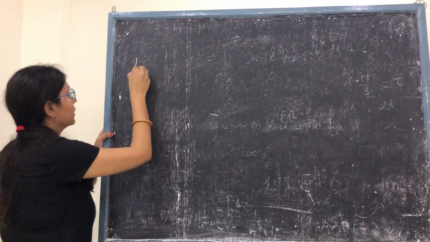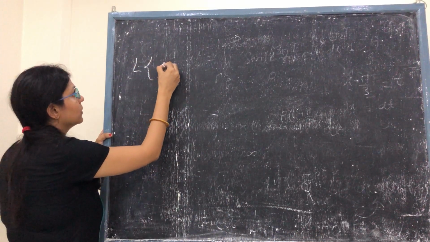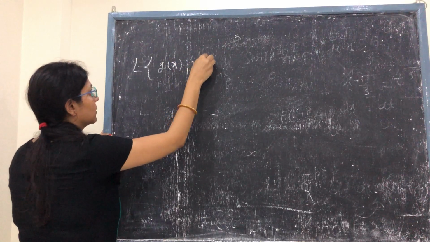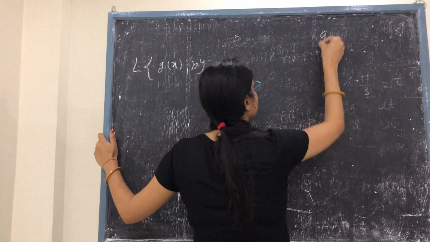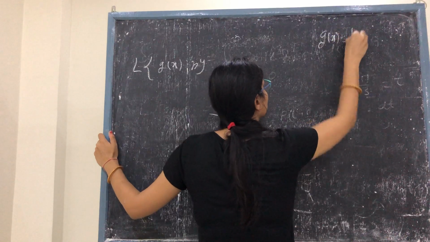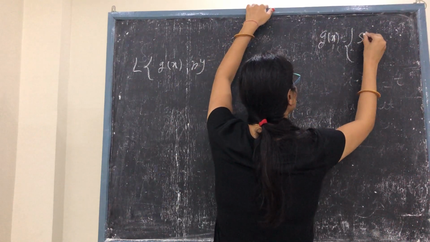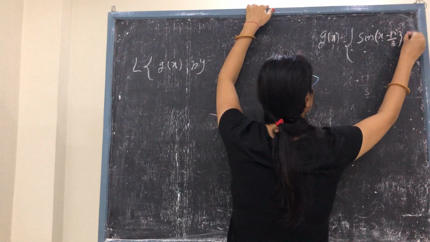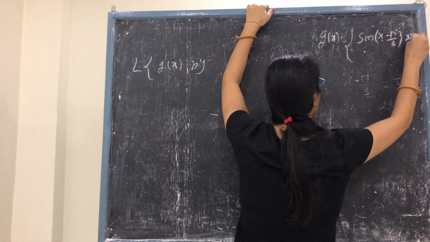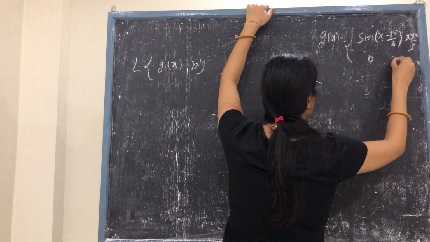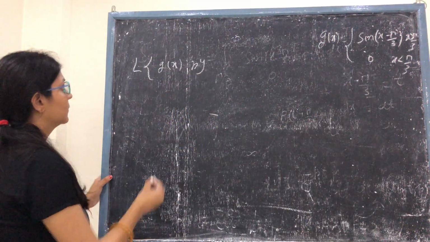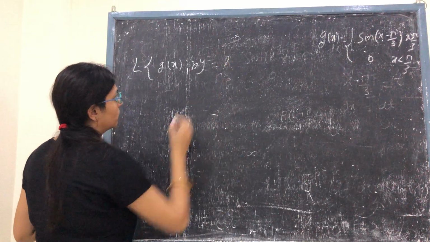Here we have to find the Laplace transformation of g of x, where g of x is sine of x minus pi by 3 when x is greater than pi by 3, and 0 when x is less than pi by 3.